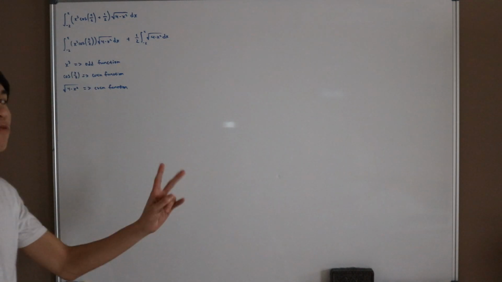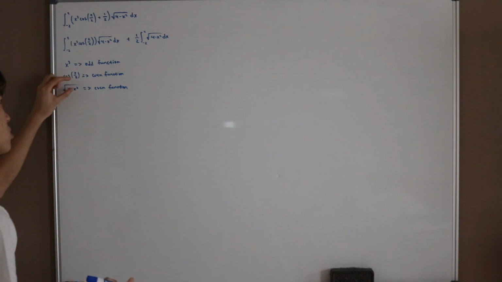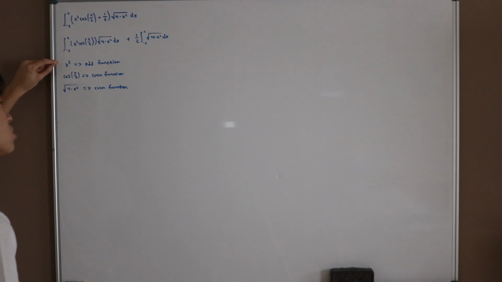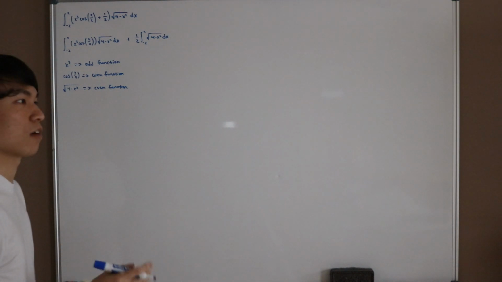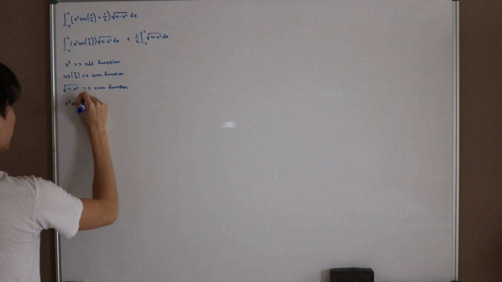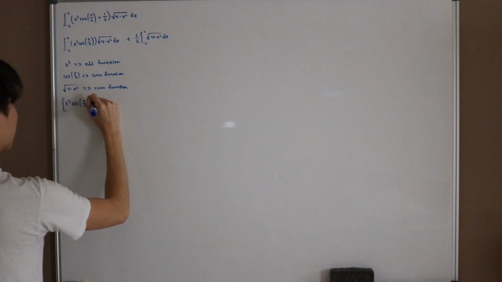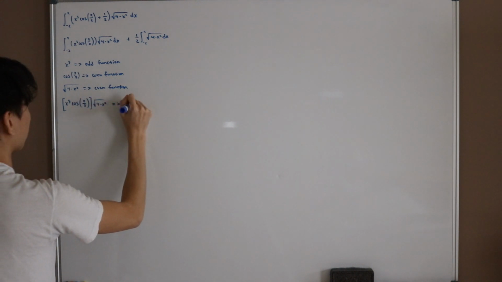The product of 2 even functions itself yields an even function. So with these two multiplied by x cubed, which is an odd function, the whole thing is an odd function. So we can make the observation that x cubed cosine of x over 2 multiplied by the square root of 4 minus x squared is an odd function.